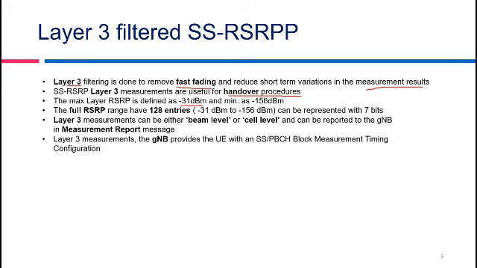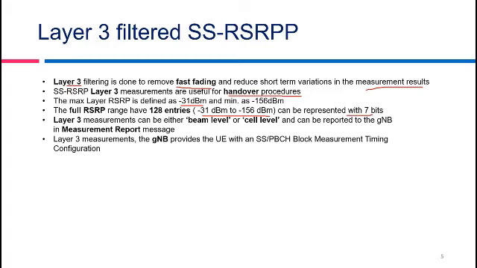The full range of this RSRP has 128 entries, and these 128 entries can be represented with 7 bits, as we discussed in the previous slide. These 128 entries cover the full range of RSRP from minus 31 dBm to minus 156 dBm.